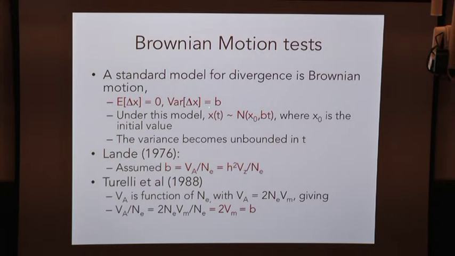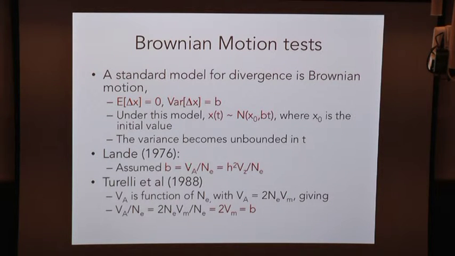Lande basically assumed that this variance, which is basically the change in means, is given by the added variance over Ne. Turelli, Gillespie, and Lande later came along and said, wait a minute, we know the additive variance at mutation-drift equilibrium is 2Ne times the mutational variance.